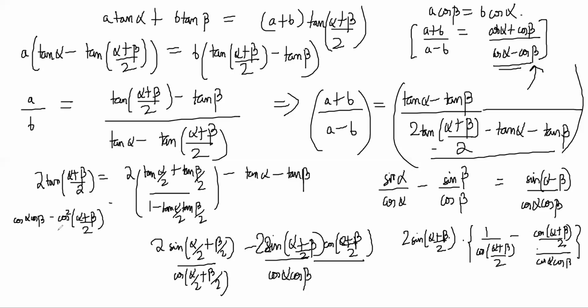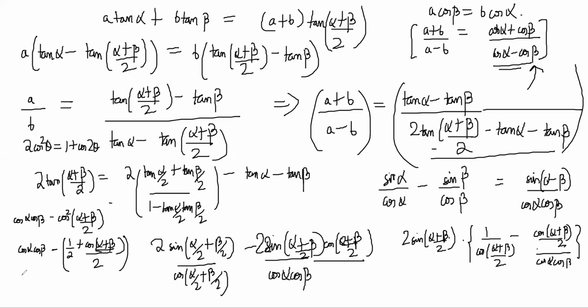This cos square of (alpha plus beta) by 2 can be written as half plus cos of (alpha plus beta) by 2. Right, because 2 cos square theta is 1 plus cos 2 theta. So cos square theta is half plus cos 2 theta by 2. Understood.